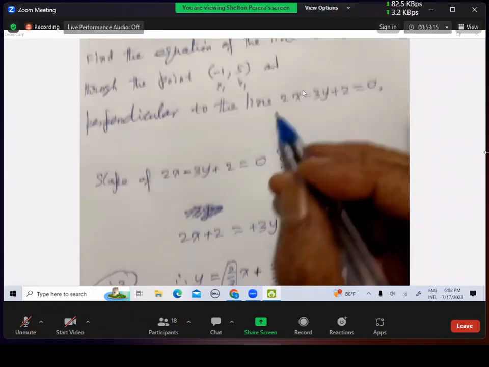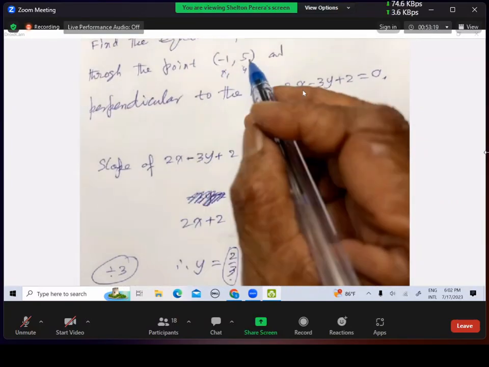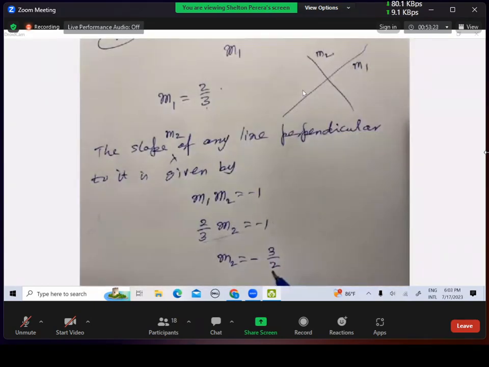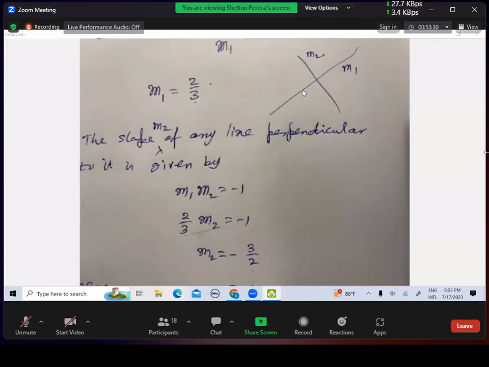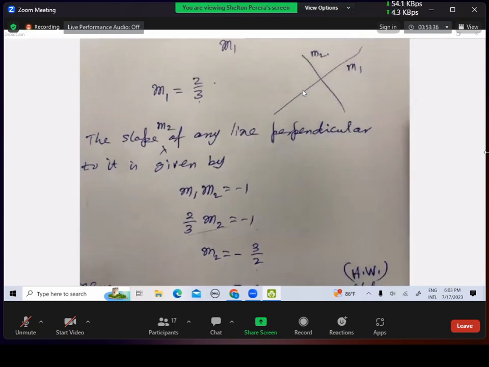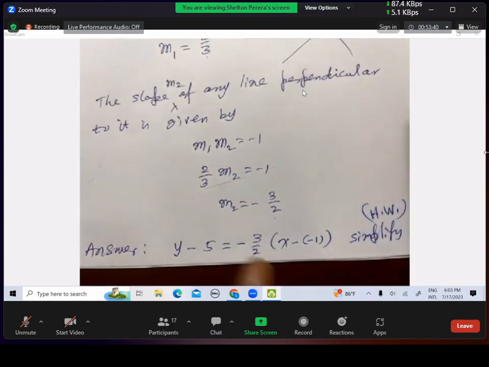We are using point slope form after finding the slope of the line perpendicular to it. You can simplify this. Simplify it as homework. This is +1, then +1.